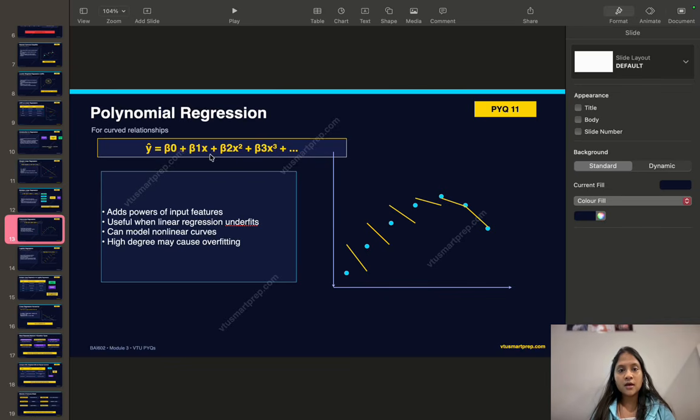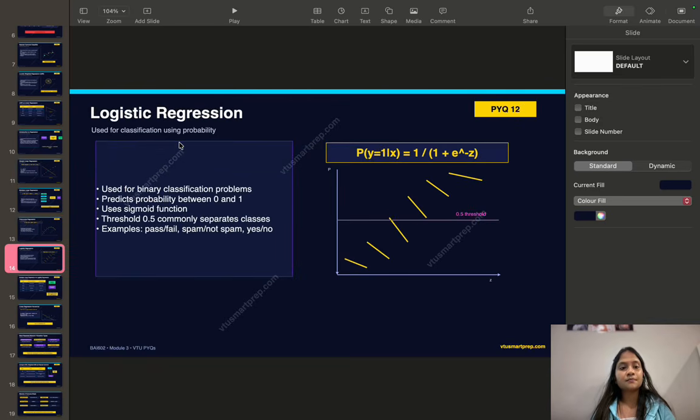Here the x values are considered as input, so it is going to have power features. It is useful when linear regression underfits, and it can model non-linear curves. A high degree may cause overfitting. These points you have to remember for polynomial regression.